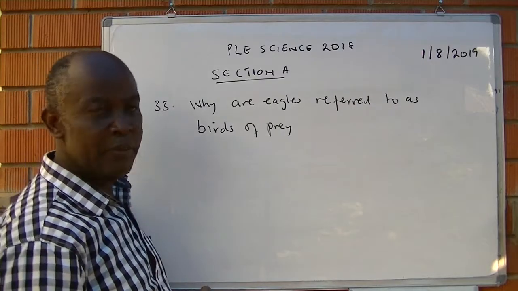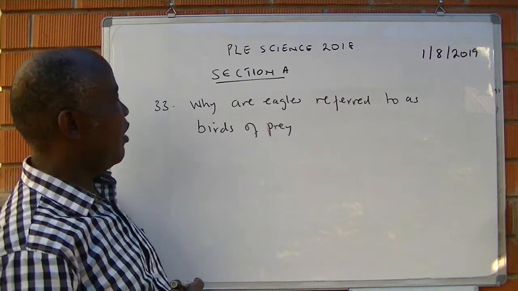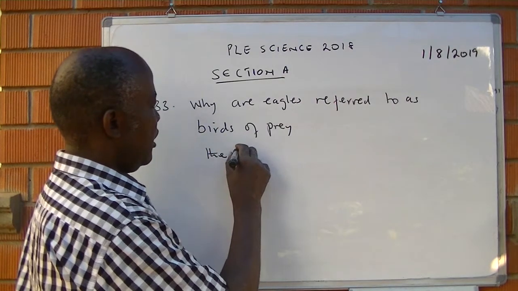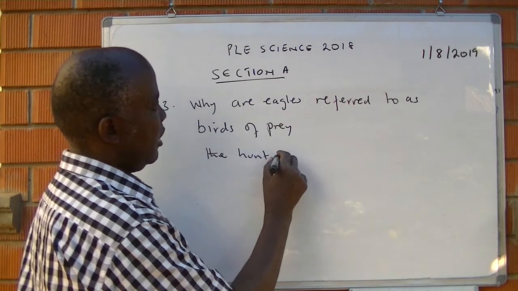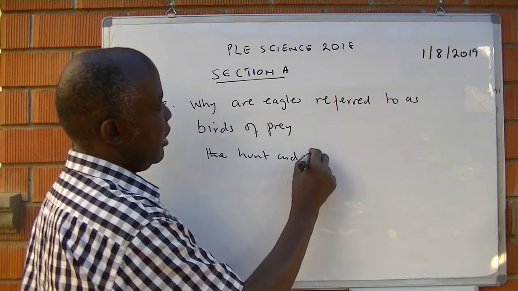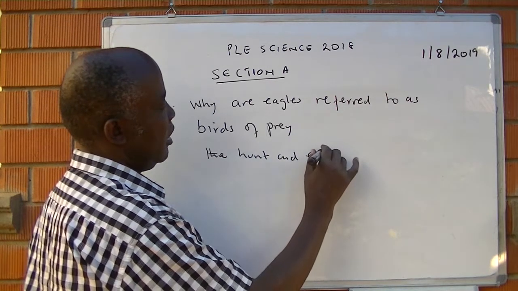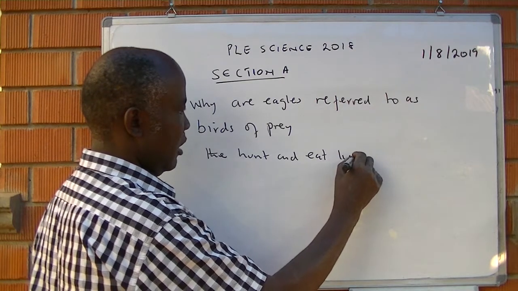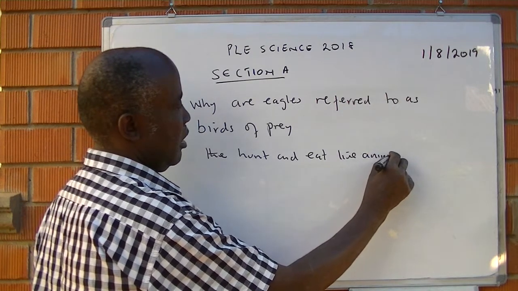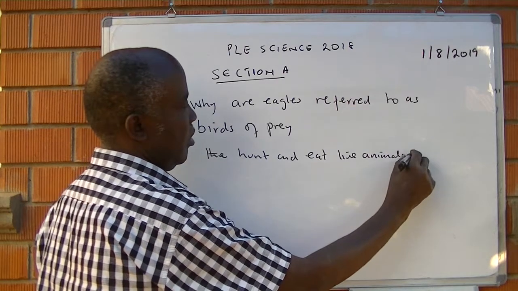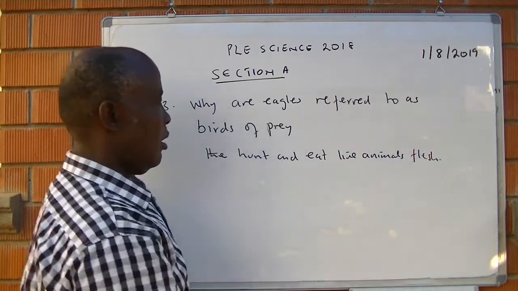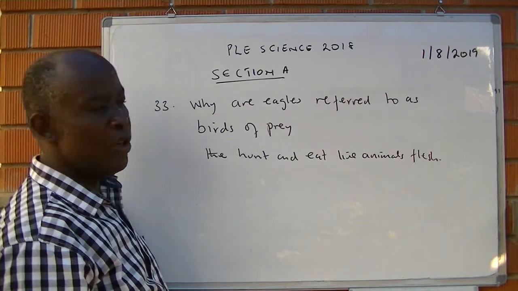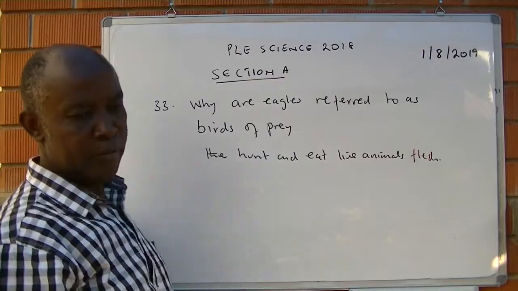Number 33. Why are eagles referred to as birds of prey? They hunt and eat live animals fresh.